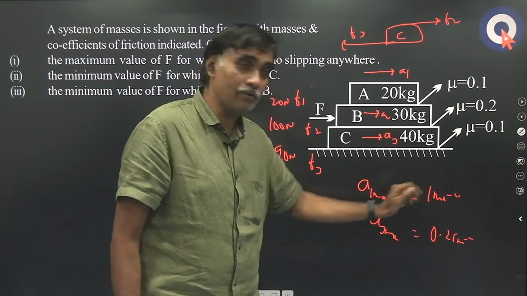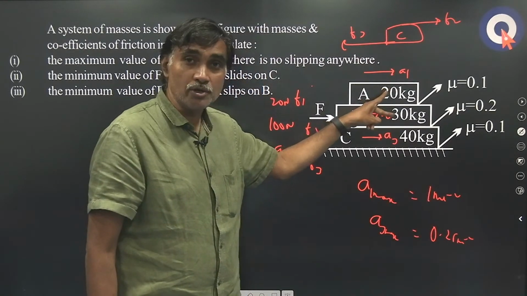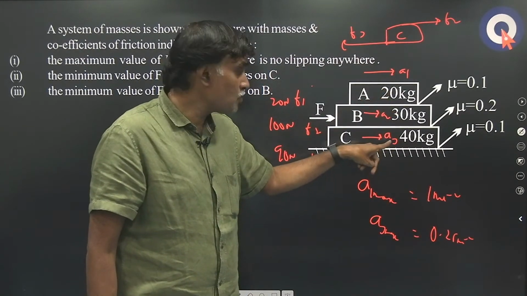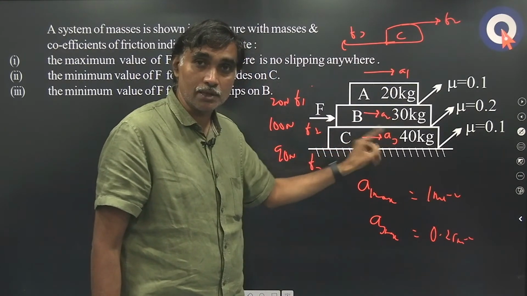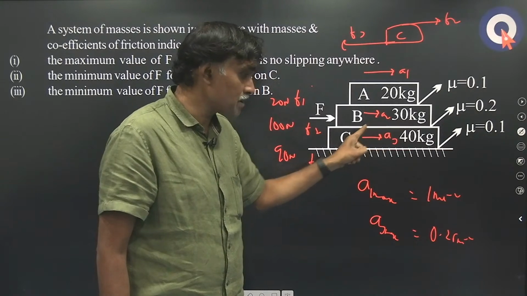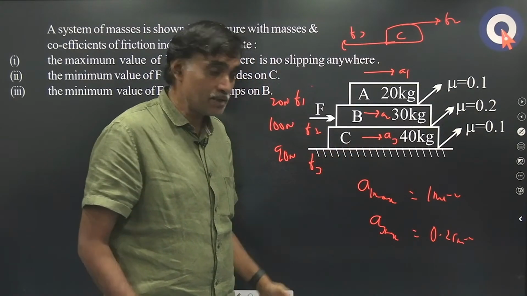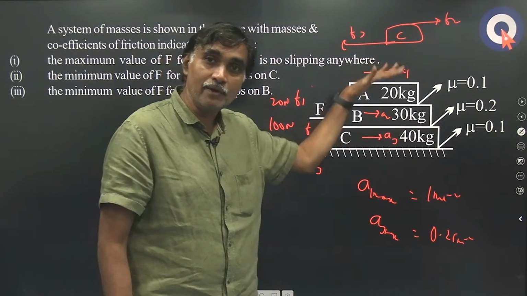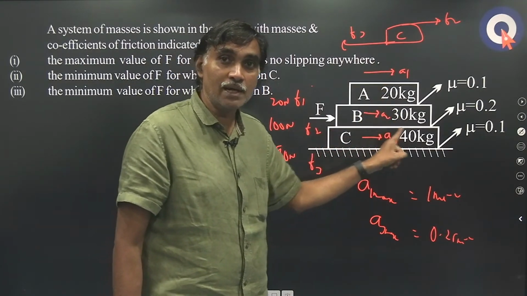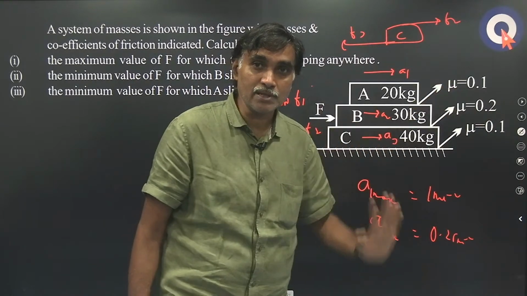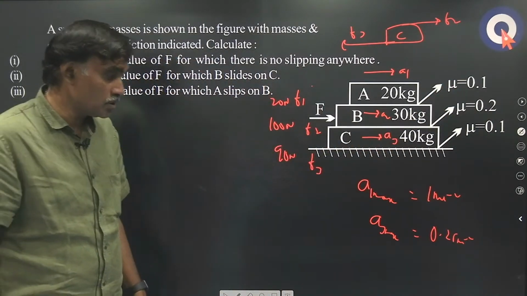Between 0.25 and 1, these two are moving together, but this block has a different acceleration from block B. So here kinetic friction, here also kinetic friction. Once it is greater than 1 meter per second square, everywhere kinetic friction, then these two accelerations are fixed and the middle block will have an acceleration more than 1 meter per second square. That's how we should do 3 block problems.